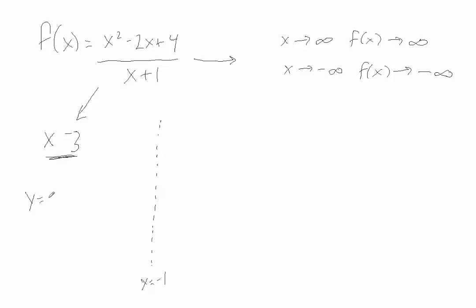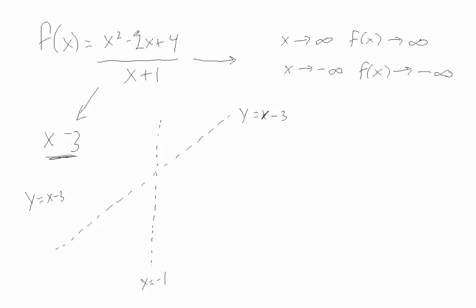But this line, y equals x minus 3, will be the slant or oblique asymptote. So the function will go off forever to positive infinity and negative infinity, but it will tend toward this line, y equals x minus 3.